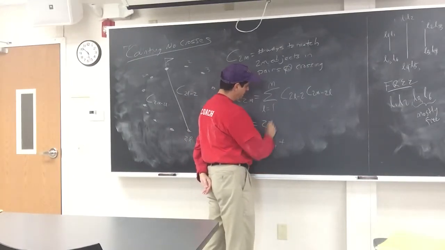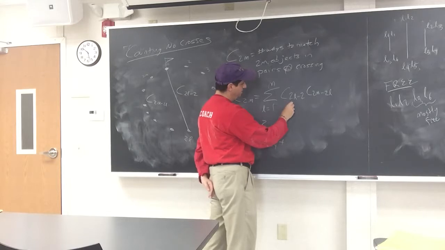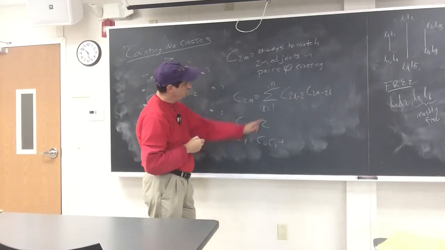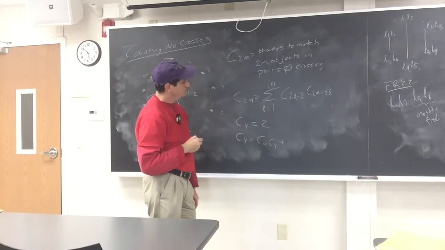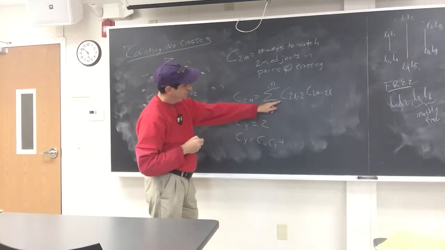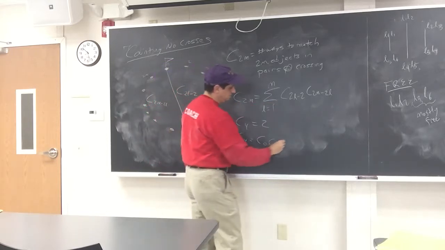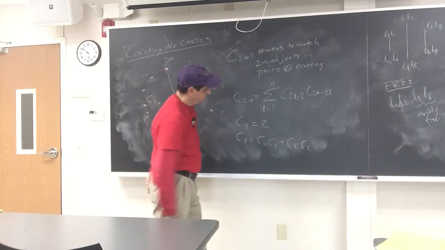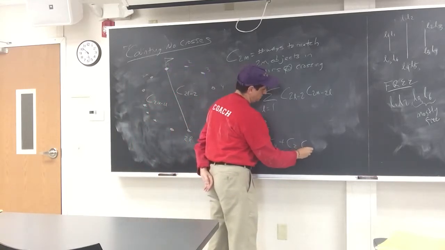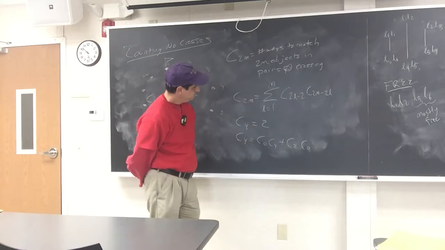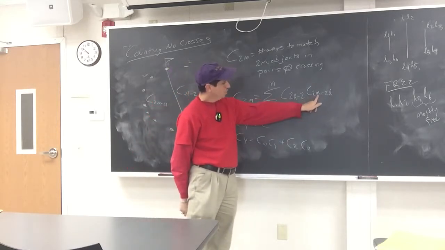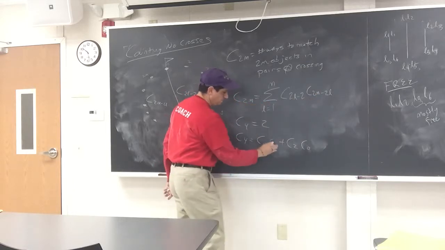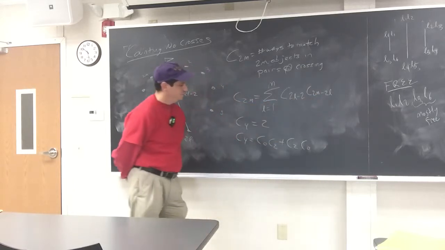When L equals 1, we get C0, C2. And then the other one we get C2, C0.